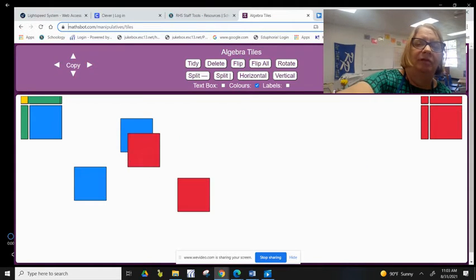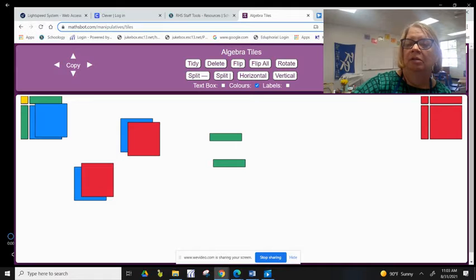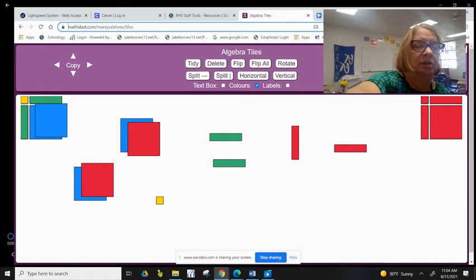If you combine a red one and a blue one, that's x squared and a minus x squared, that's called a zero pair, and they would cancel each other out. These green ones are x. These red ones are negative x.